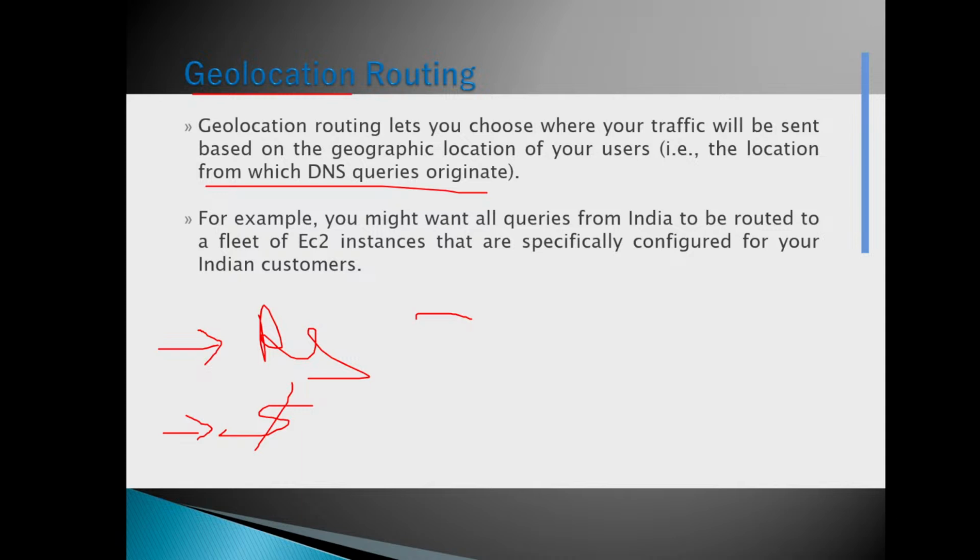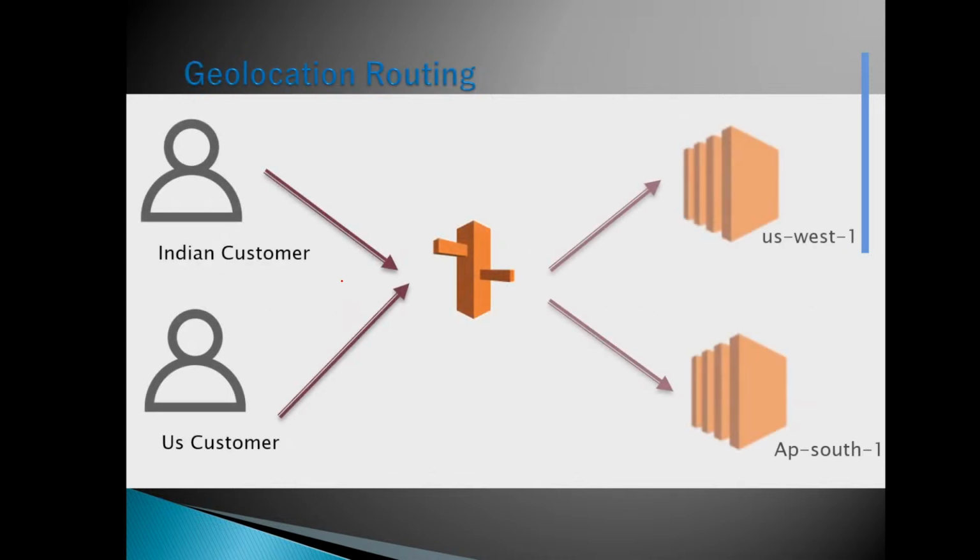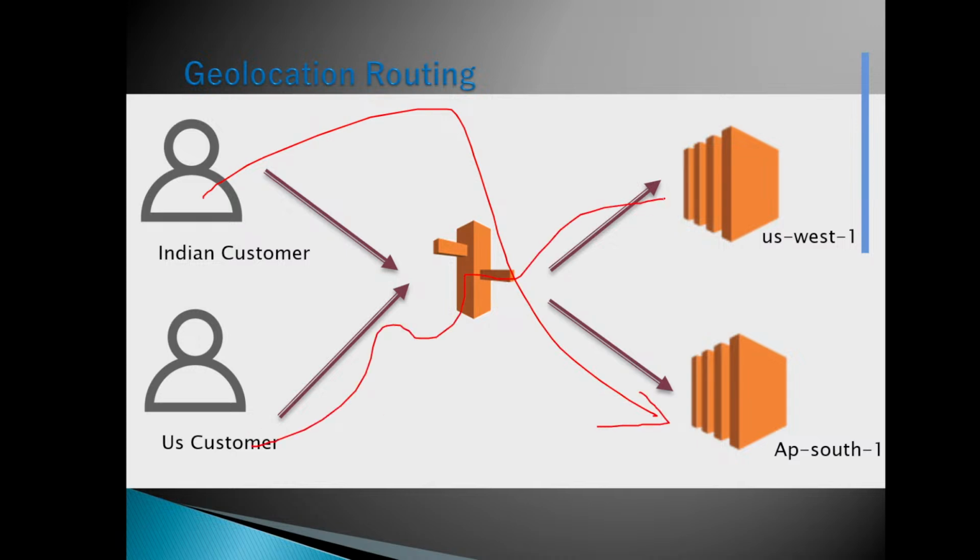That's why geolocation is important. This server may have the local language of your Indian customer, and the price should be displayed in INR. So the Indian customer is routed to AP South 1, that is Mumbai, and the US customer is routed to Virginia.